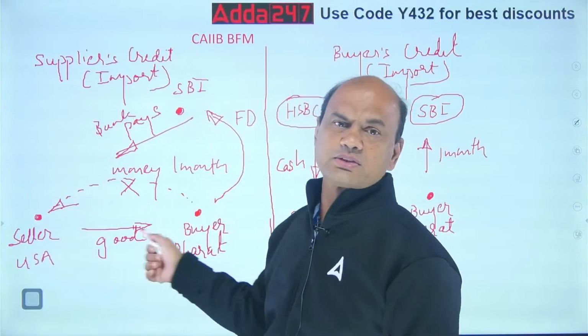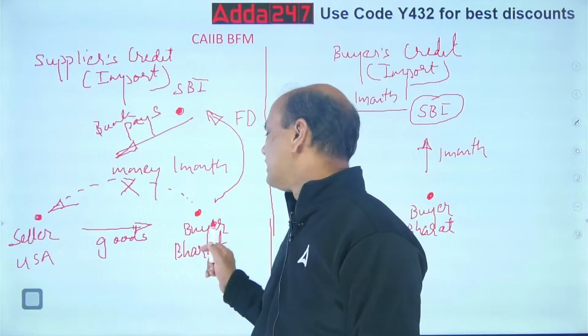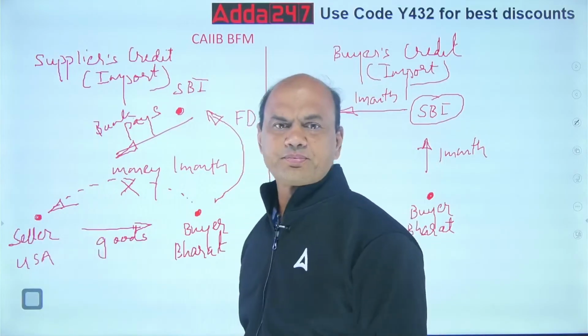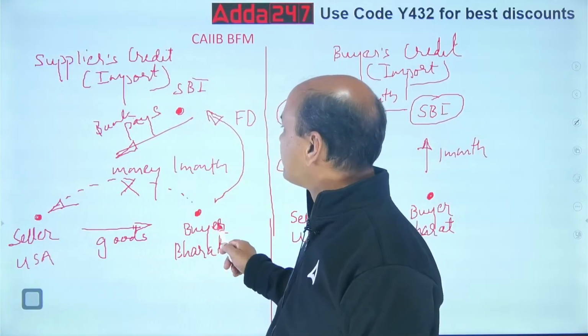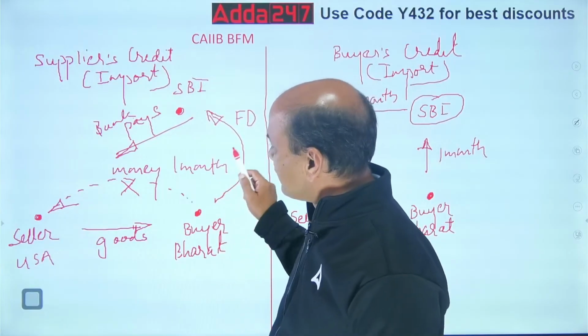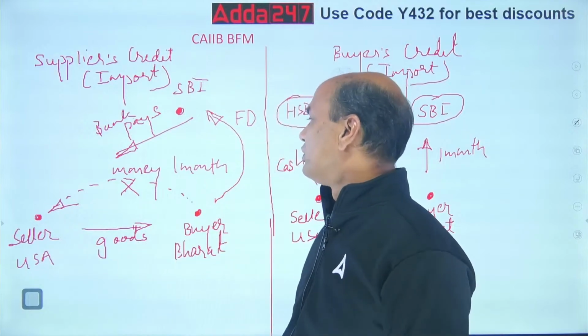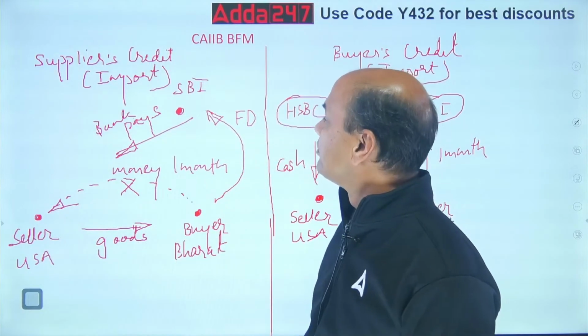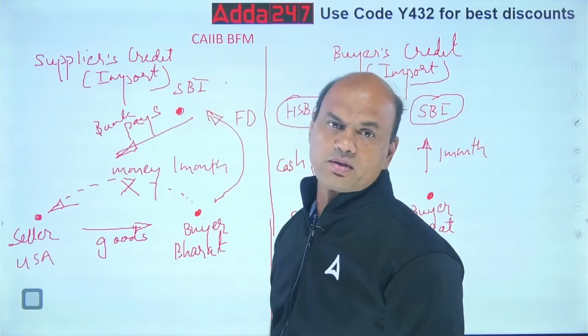You will buy the goods and won't give me the money. In that case, what will happen? This seller tells that, see, what you do, before I send you the goods, you give me a guarantee. From whom? From your well-known bank in your country.